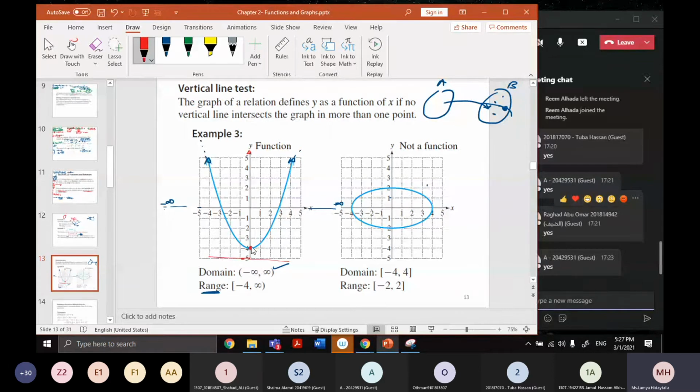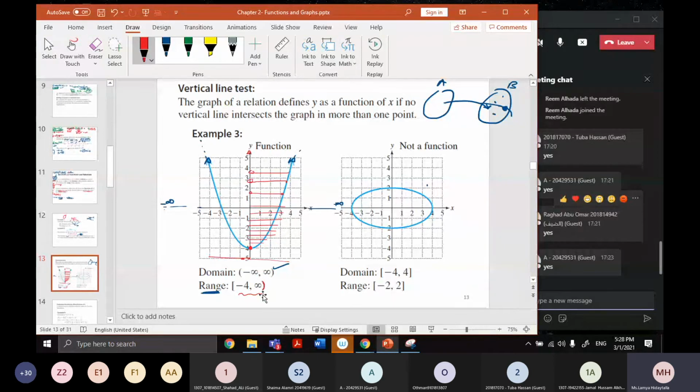طيب يبقى what is the range? Everywhere. You took any point here, then you will find what? A y value for it. صح؟ أي point في الجراف في y value. Point here there is. So that means all the points from minus 4 and up to infinity, and always from قلنا السايد بتاع infinity we keep the brackets open.